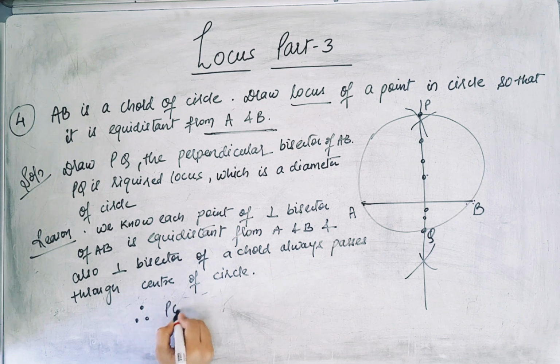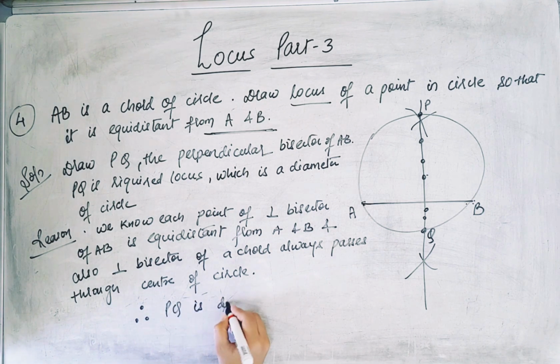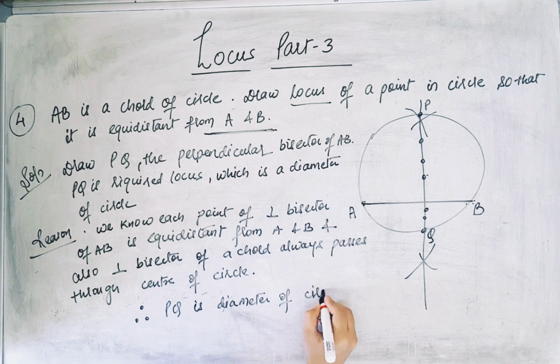So therefore PQ is the diameter of the circle.